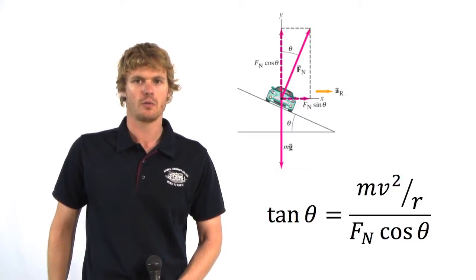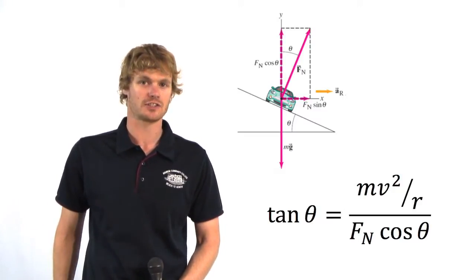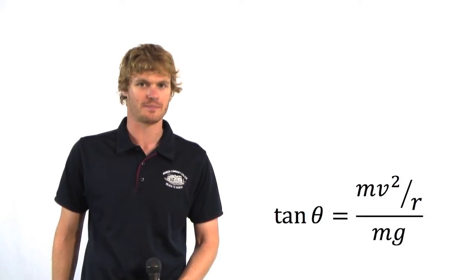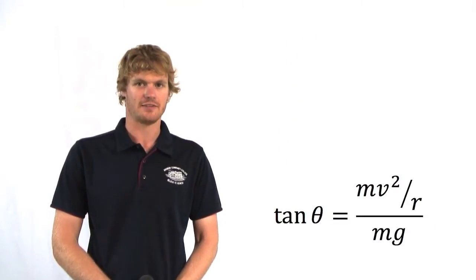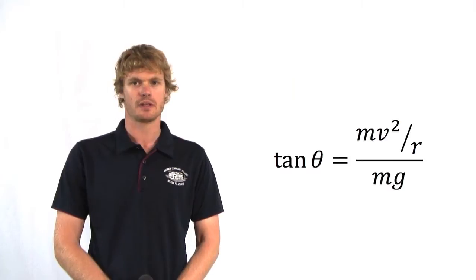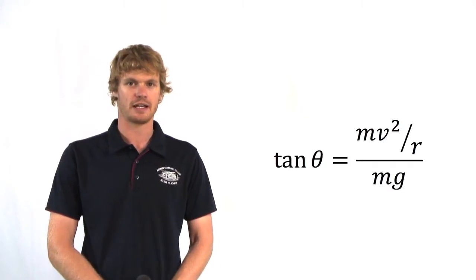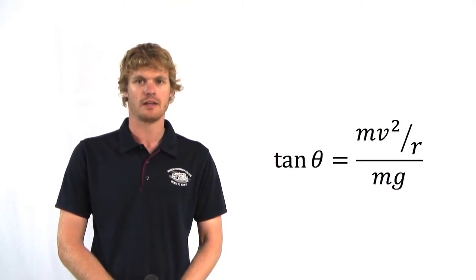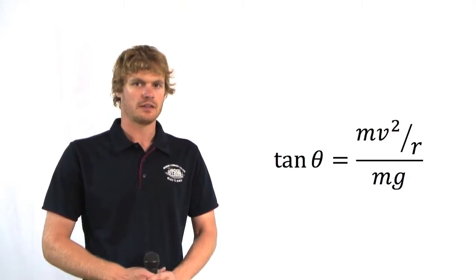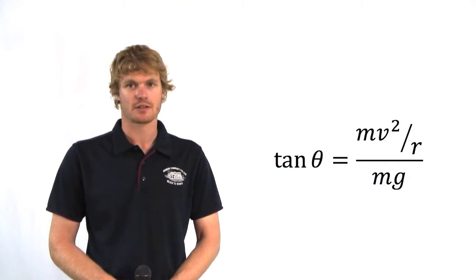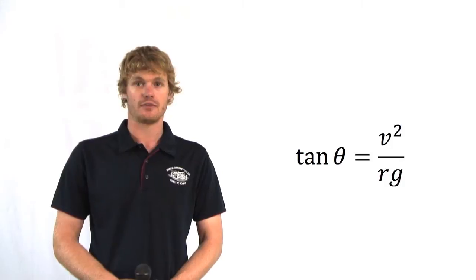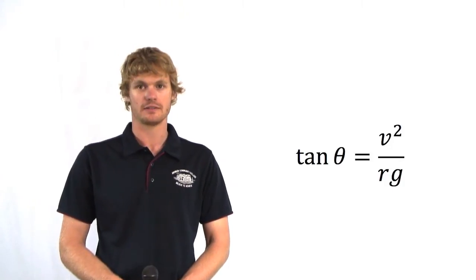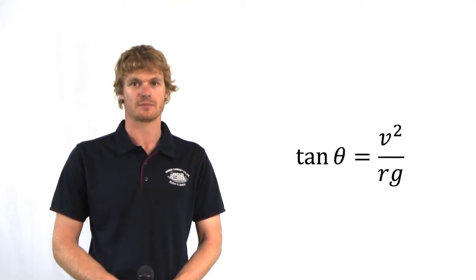So we can call our Fn cos theta mg. So we now have tan theta is equal to mv squared on r divided by mg. Now if we cancel out these m's, we get v squared divided by r times g.